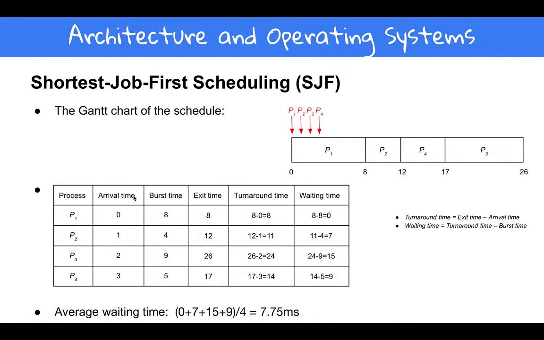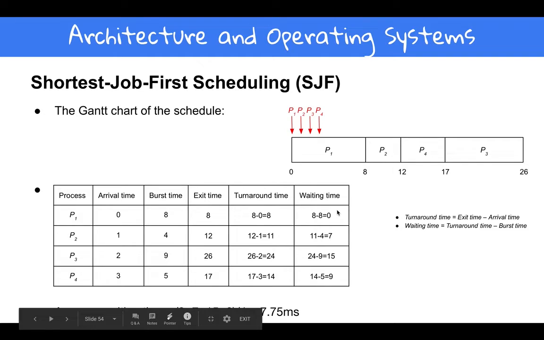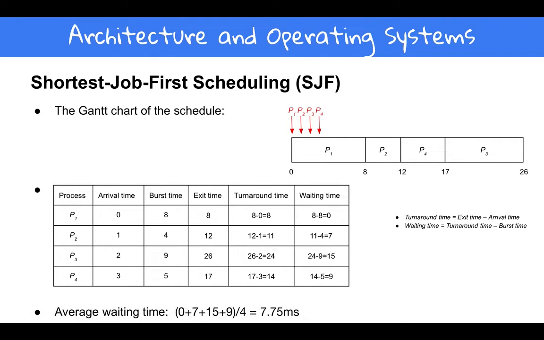Exit time minus arrival time gives you the turnaround time, and if you subtract the burst time from that, you get the waiting time. If you find the average of this waiting time, you see that the average is 7.75 milliseconds. The formula is here, and this is important. If you can draw the Gantt chart, you can easily make this table and find the answers.